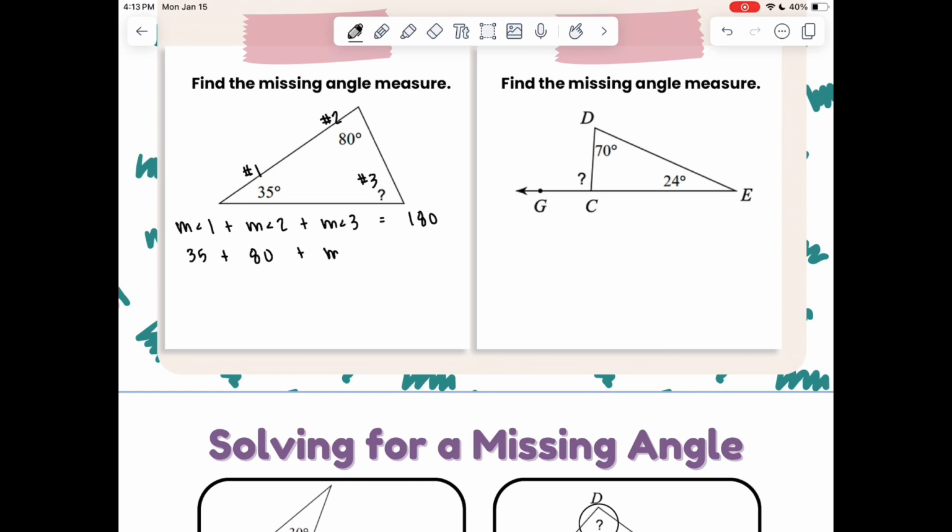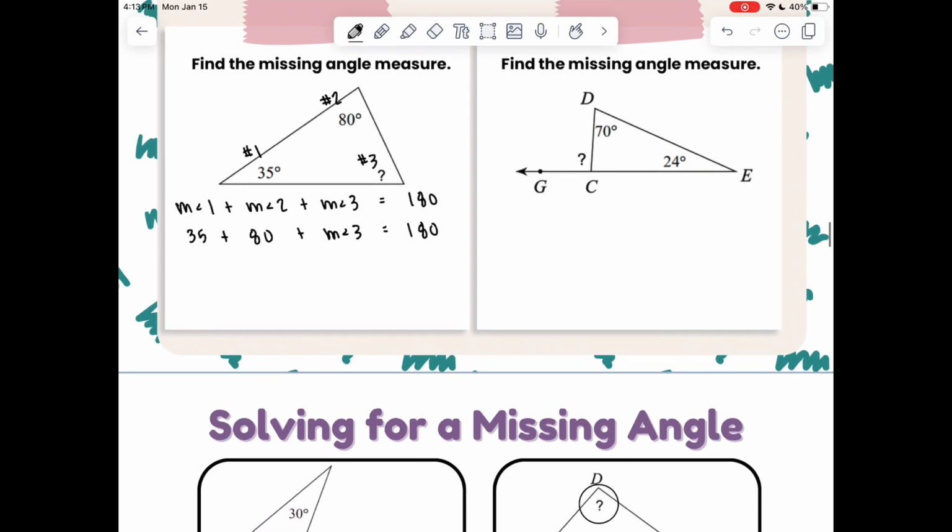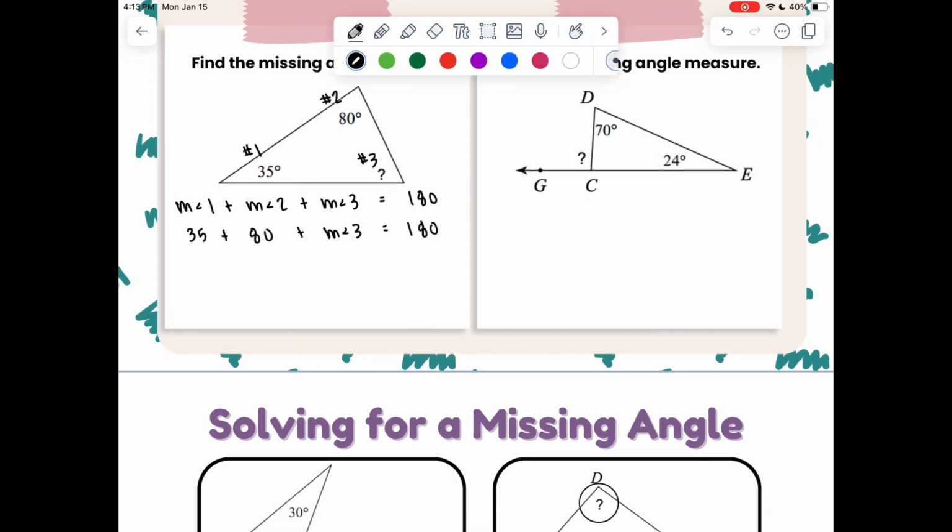If two of the three angles have these measurements of 80 and 35, if I combine those, 80 degrees and 35 degrees come together, and that means that in this triangle, 115 of the degrees are taken up. I need to get to 180, and 115 isn't quite there.